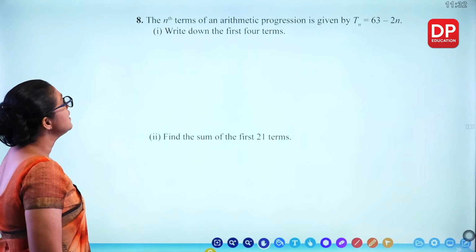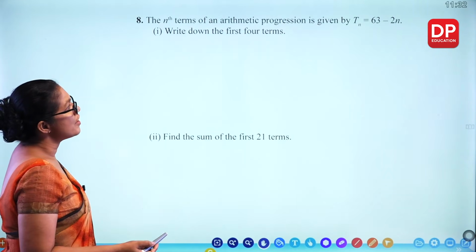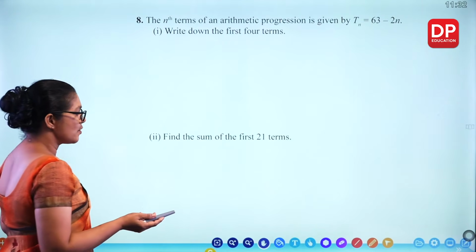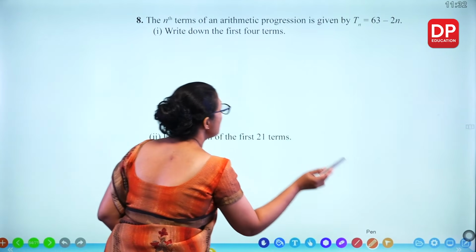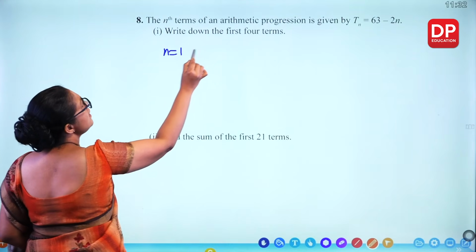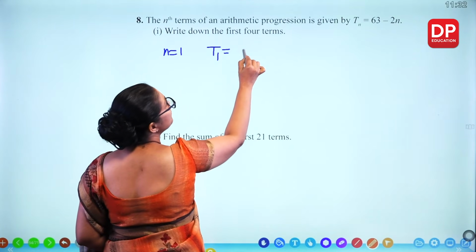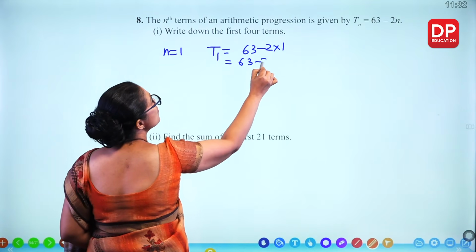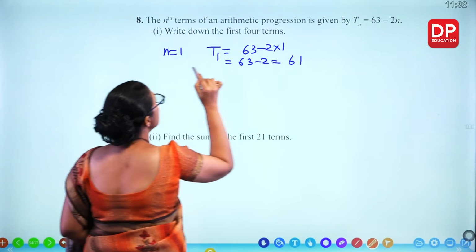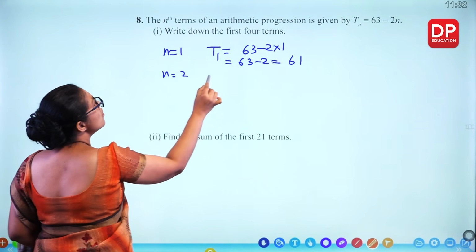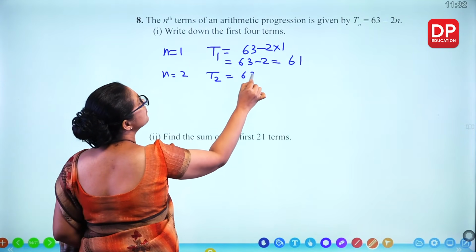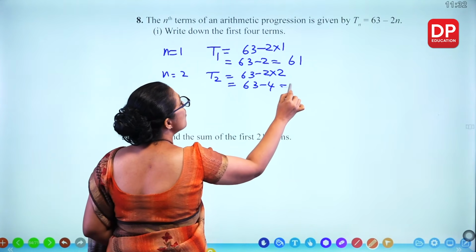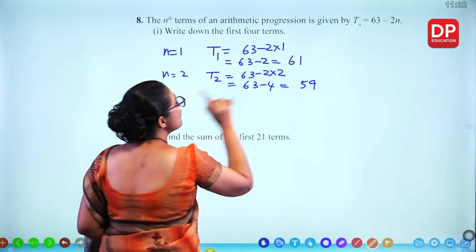Question number 8. The nth term of an arithmetic progression is given by this. Write down the first 4 terms. So it's not hard, just substitute the values. N equals 1 gives the first term. 63 minus 2, you get 61. N equals 2, you get the second term. 2 times 2, 63 minus 4, 59.